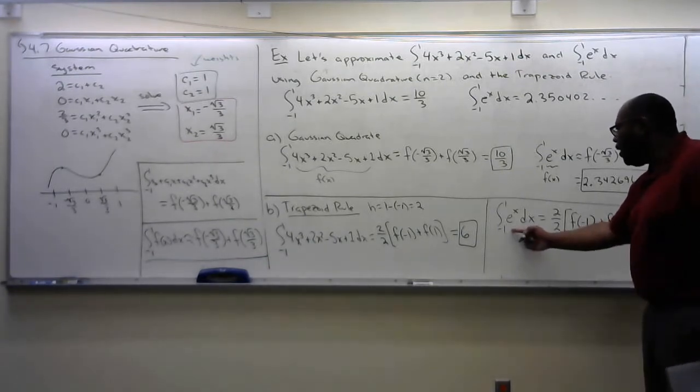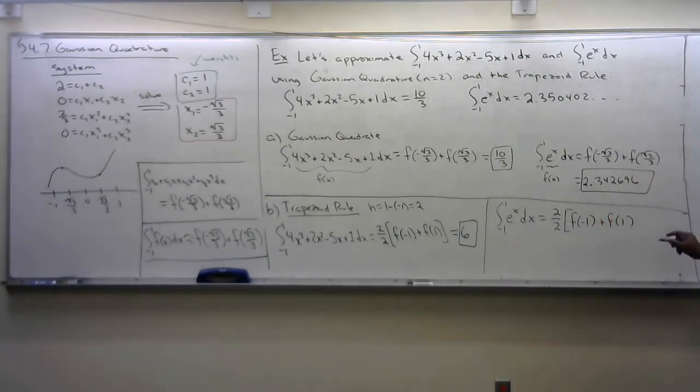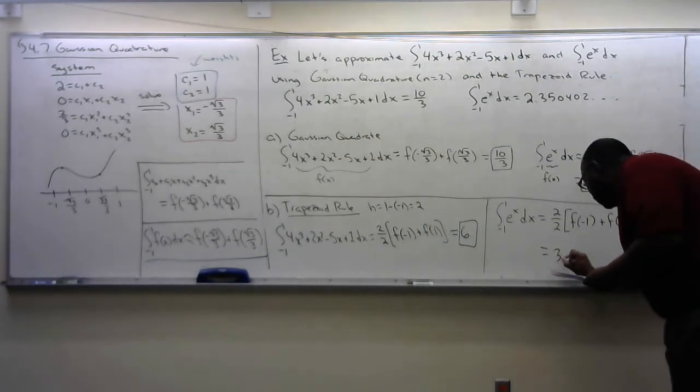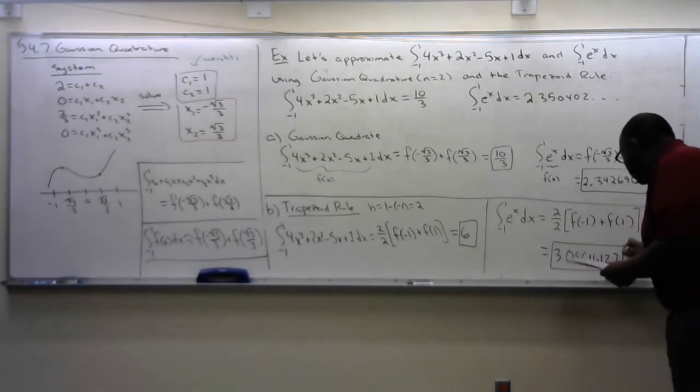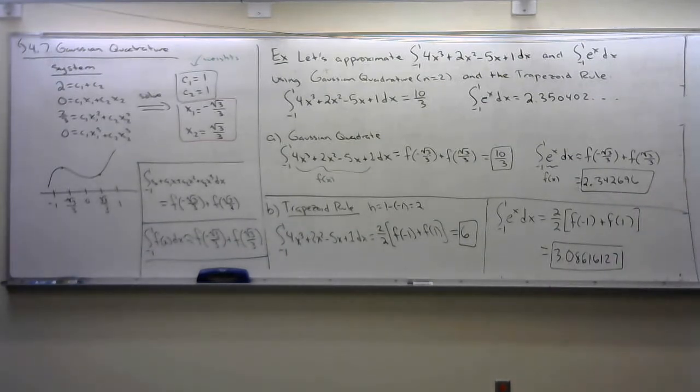Again, e to the x is going to be my f here. When you do this, you get 3.086161127. Again, this one's pretty bad, pretty rough. Not a good one at all.